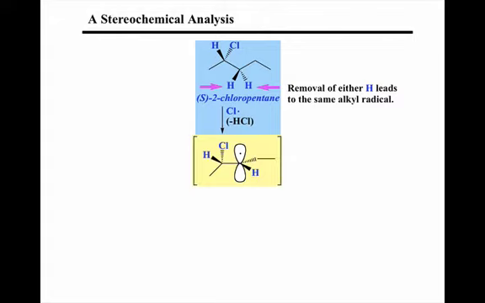And so, regardless of which hydrogen we remove, we're going to end up with that trigonal planar carbon-centered radical, which is adjacent to a chiral center. So the top face of that radical and the bottom face of that radical are not identical. And so we can expect to see some selectivity in the reaction, okay?